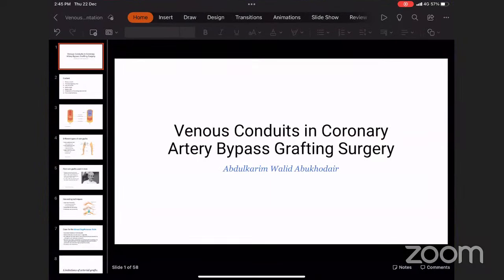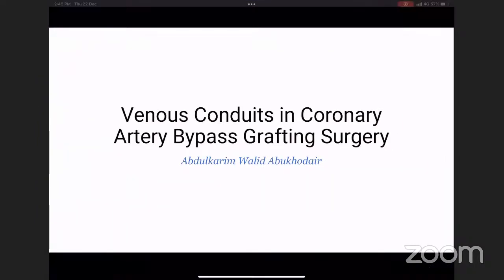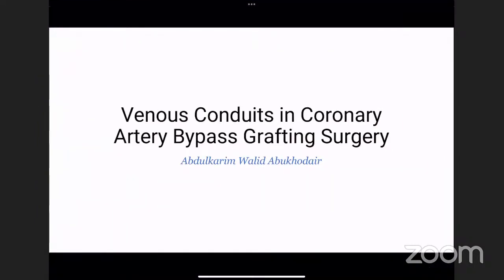For single vessel, 2 vessel or 3 vessel, all had a higher percentage of survival with arterial conduit than with venous conduit. Also the patency rate, at 5 years and 10 years, arterial conduit had a better patency rate than the venous conduit. So that's why I think the arterial conduit is better than the venous conduit.